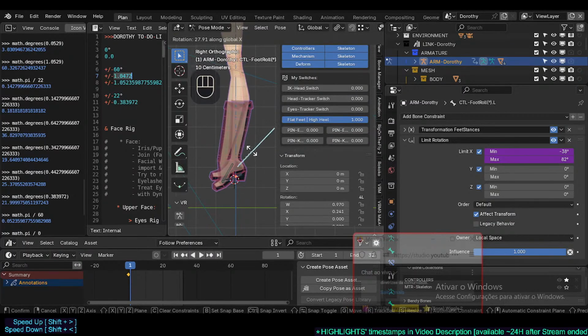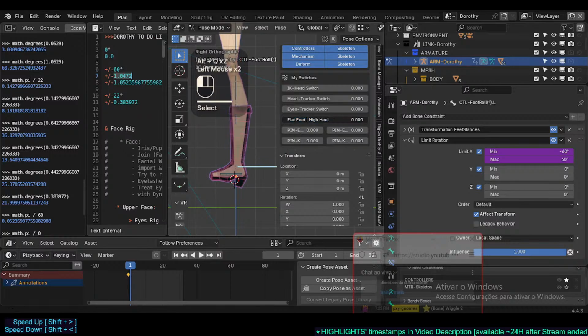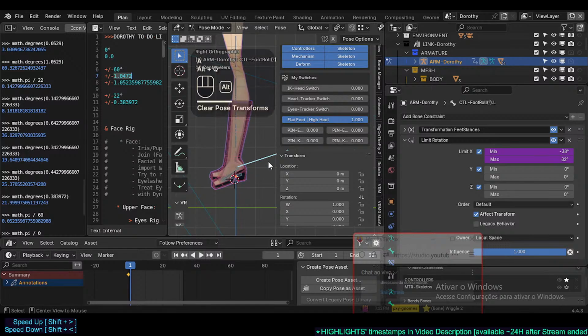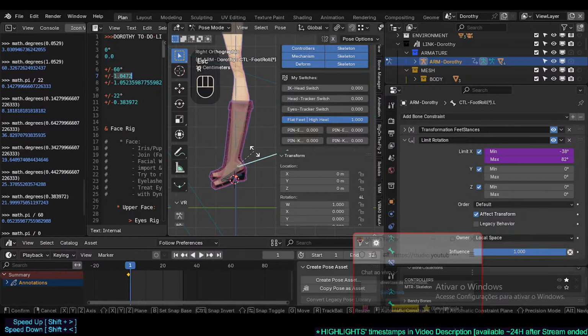One should augment, the other... looks like I have a limitation here. Yeah, so we need to augment the bending of the toes.